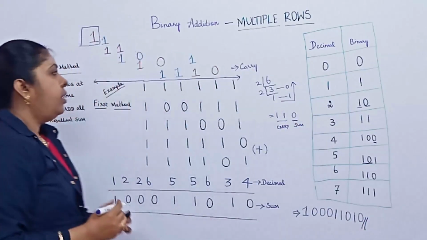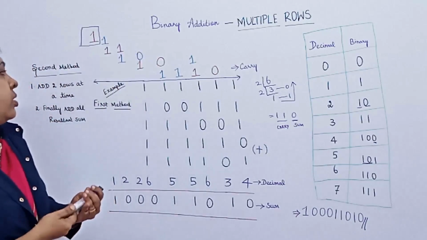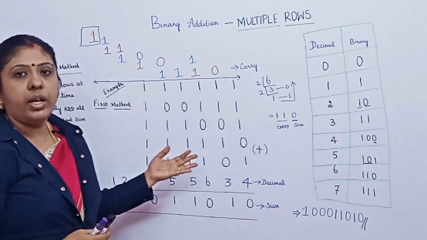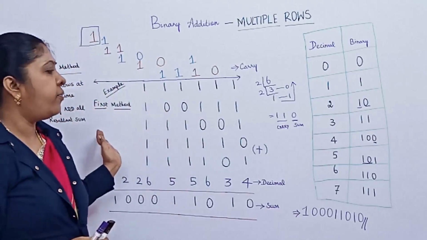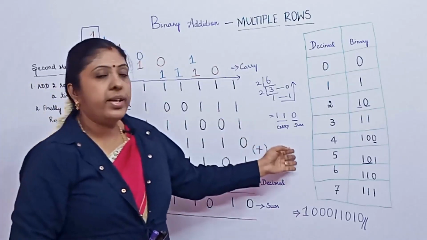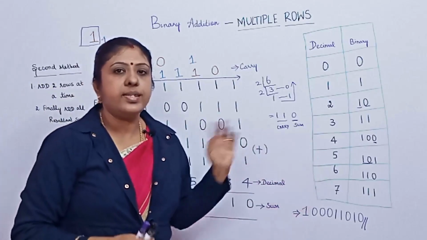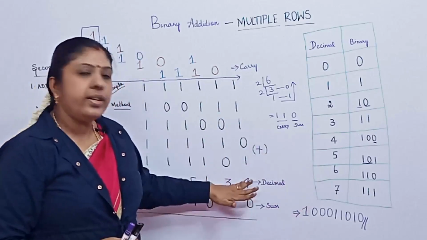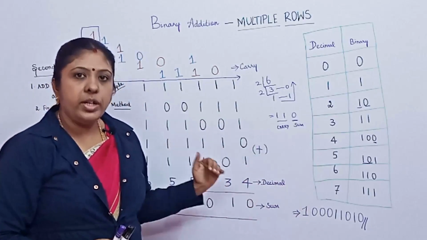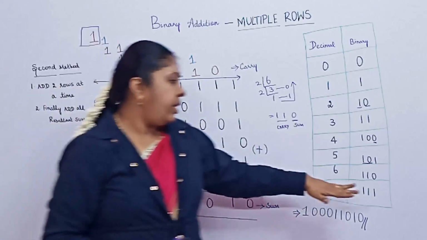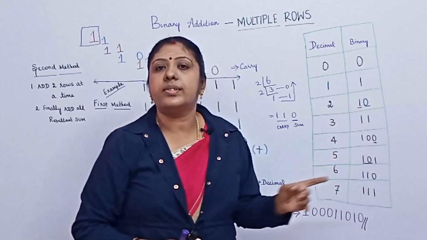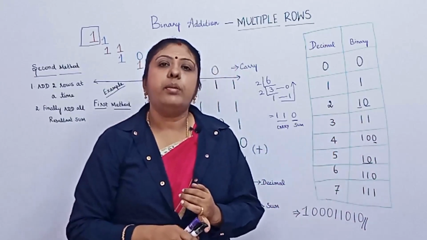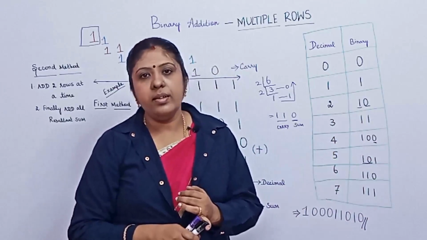This is the methodology to be followed. This methodology can be helpful when we have more than 5 rows also. Whatever number of rows, using this table, decimal to binary conversion, just a simple rule. Find the decimal value, substitute its binary value, and in the binary value, consider the last digit only as the sum bit, and the remaining take as the carry bit.